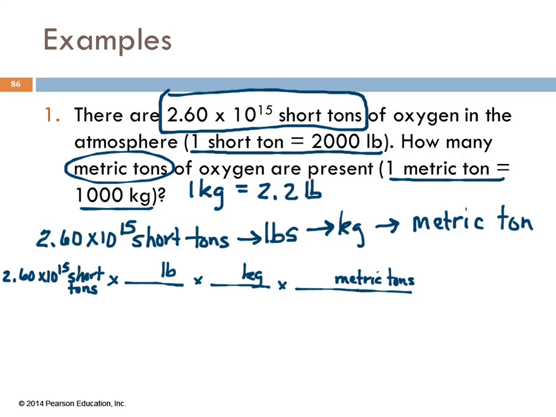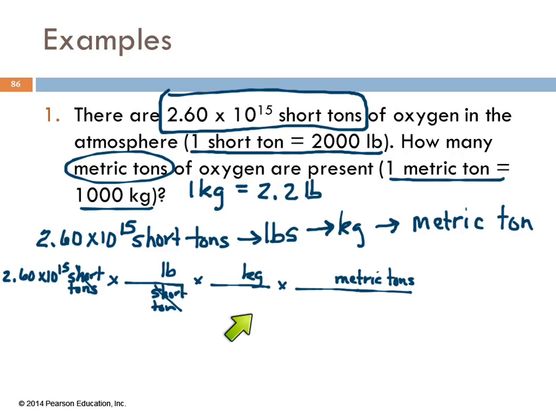So we've got our units out there. Now we're starting here with short tons. We want short tons to go away. We want to get rid of it. So we want to divide. So in this next fraction, we're going to divide by short tons. Because a short ton divided by a short ton is 1, and poof, goes away. You multiply something by 1, it doesn't change. Here, pounds. We want the pounds to go away.